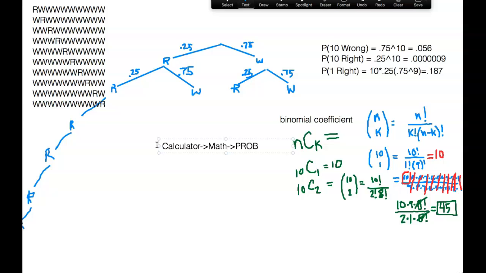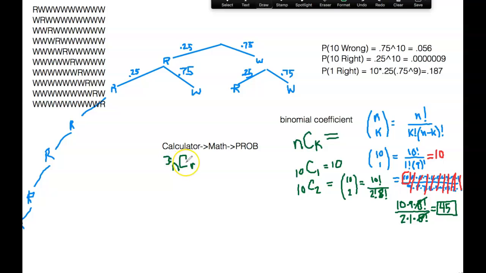And nCr. Instead of nCk, it's nCr. So the calculator uses r instead of k. The book uses k instead of r. They didn't talk to each other. I don't know why. Number 3 is nCr.